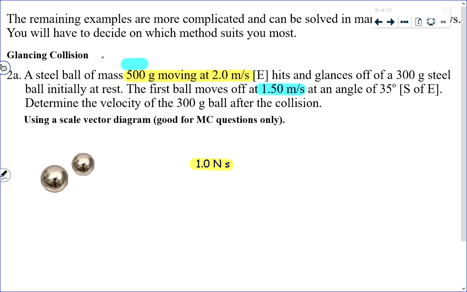As well, after the collision, we have that 500 gram ball, 0.5 kilograms, multiplied by the speed of 1.5. If you take your calculator and take 0.5 kilograms times 1.5, you get 0.75 newton seconds for the 500 gram ball after the collision. We need to know those numbers.